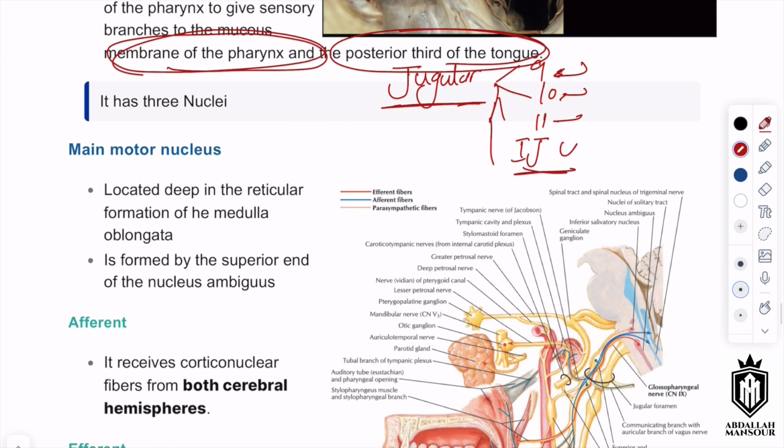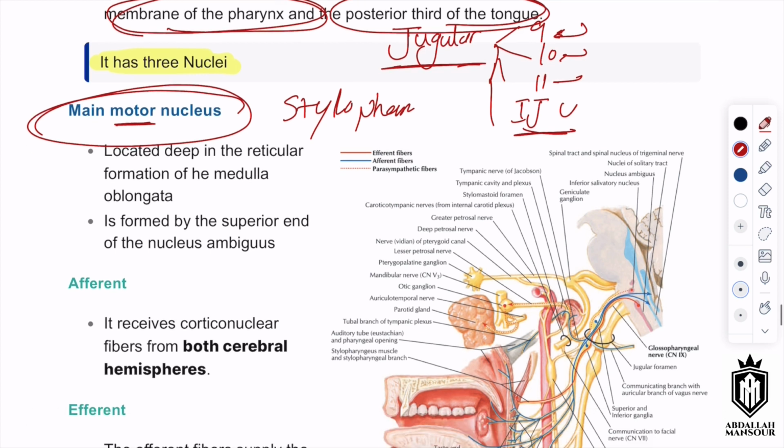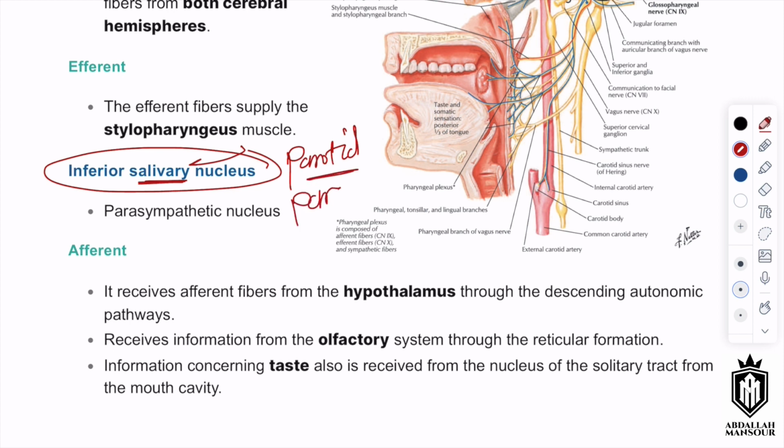This nerve has three nuclei. The first is the main motor nucleus. You can imagine from the name that this is related to the stylopharyngeus muscle, because this is the only motor part of the glossopharyngeal nerve. Then you have the inferior salivary nucleus, and from its name, it's related to salivation, to the parotid gland, and this is the parasympathetic part of the nerve.